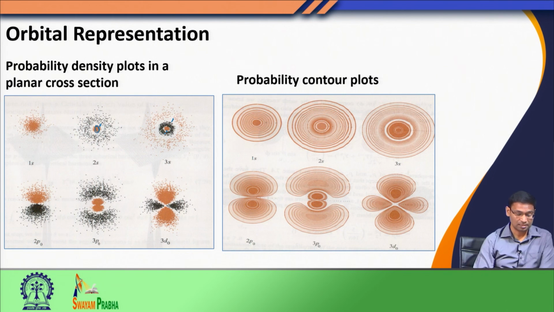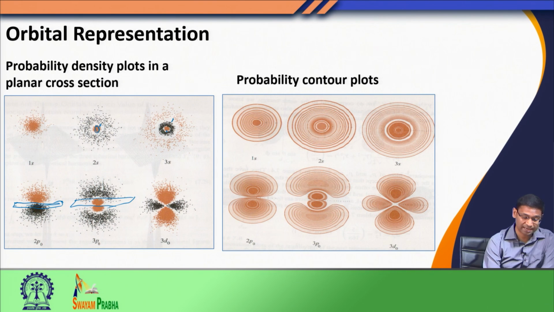So, in case of the 2p orbital, we now have an angular node. You see this node is over a plane, and the electrons are found either above this plane or below this plane. When I go to the 3p orbital, in addition to this angular node, because this is a p orbital, I also experience a radial node.